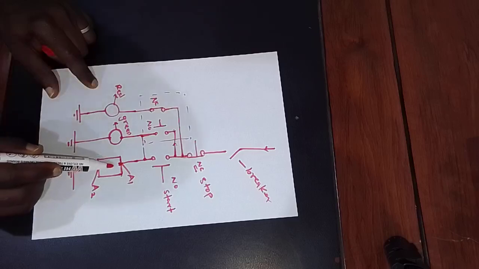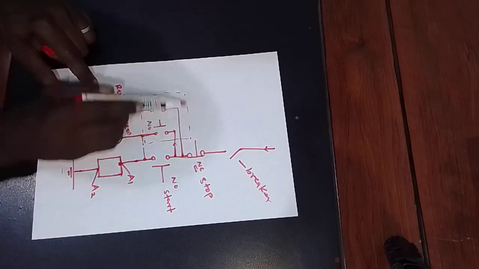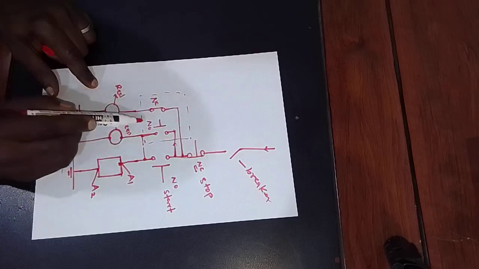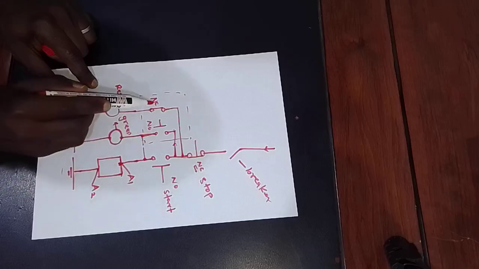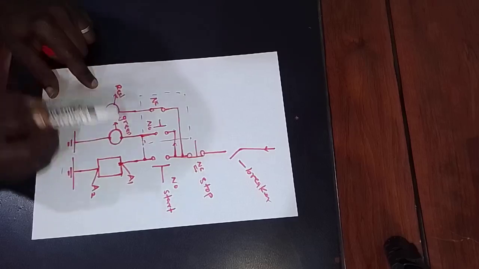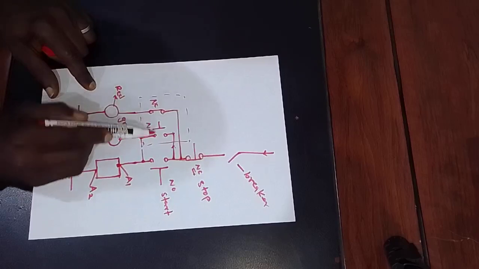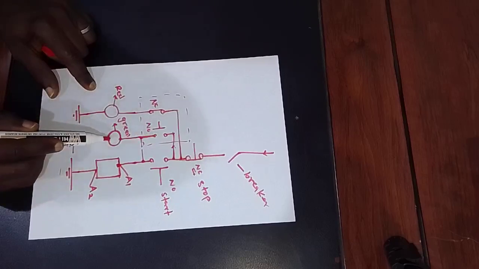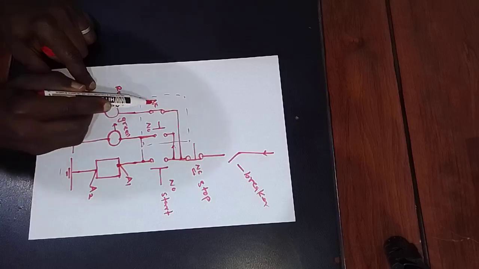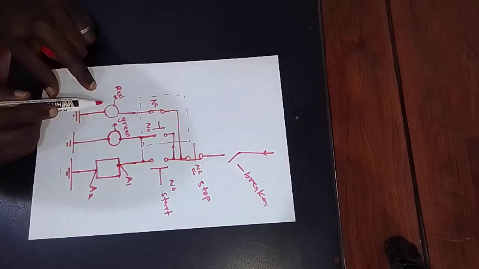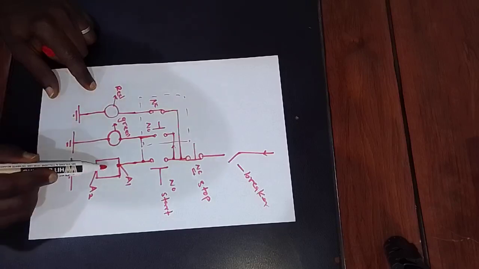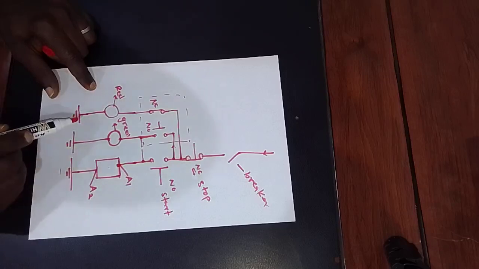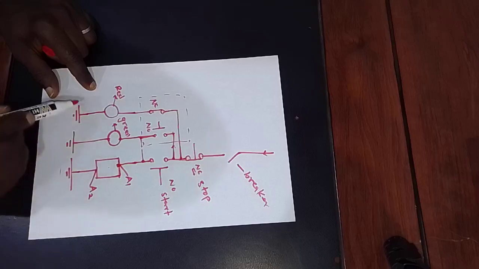As soon as this coil is energized on the auxiliary contact, the normally open contact closes while the normally closed contact opens. Meaning that as soon as this is closed, the green indicator light comes on. As soon as this is open, the red indicator light goes off, showing you that the coil is energized and the circuit is on.